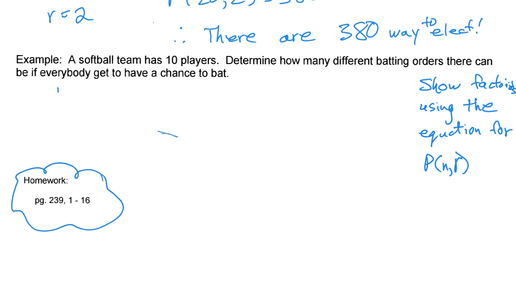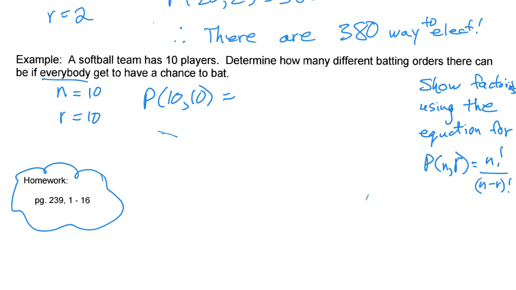All right. n is equal to 10. And since we're going to have everyone at bat, r is also equal to 10. And we know that P of 10, 10, based on our original equation for nPr, is n factorial divided by (n minus r) factorial.